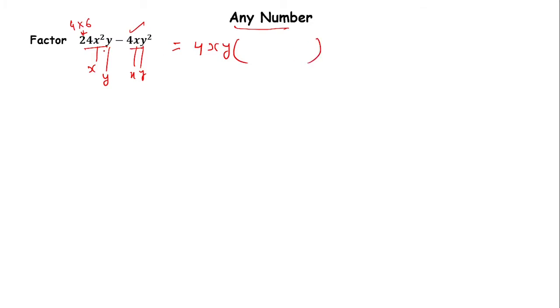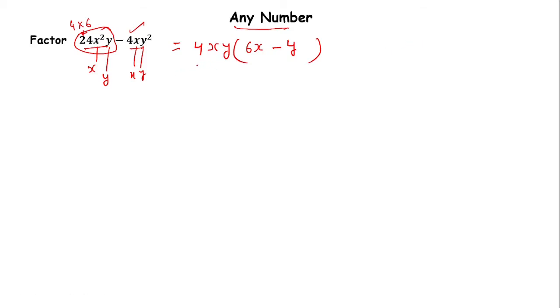If I take 4xy common from here, what will be left behind? The left part will be 6x minus, since 4xy is taken out, the remaining portion is only y. If you want to check whether you are right or wrong, how can you check it?